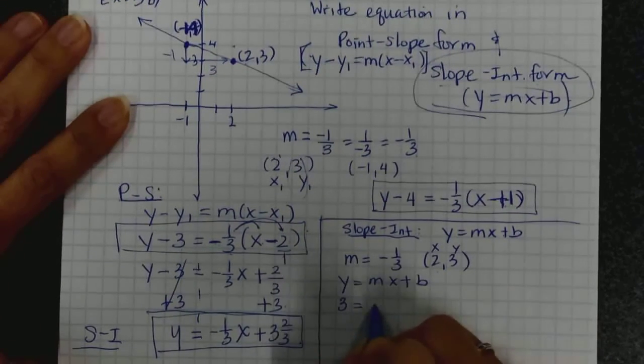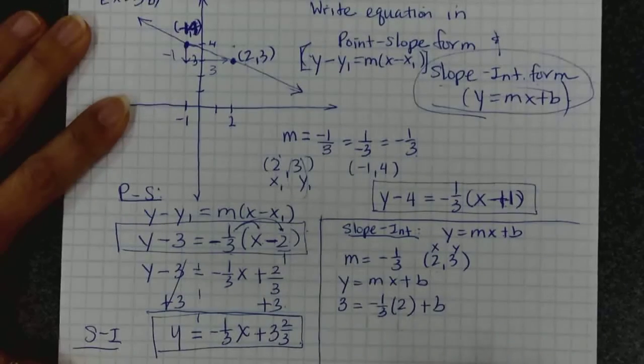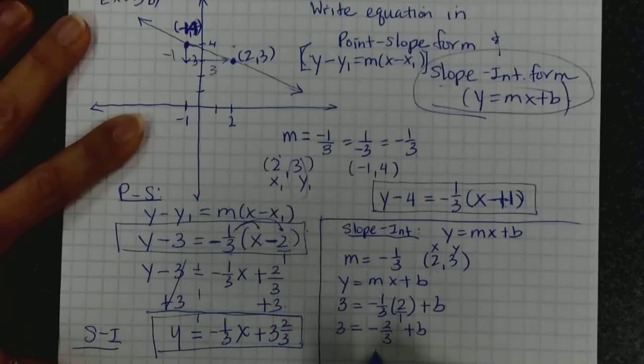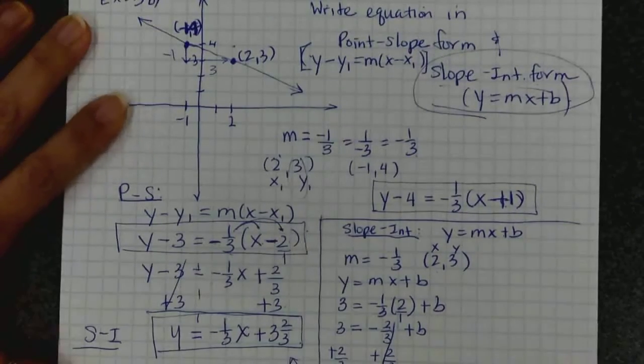When you plug it in, I get 3 equals negative 1 over 3 times 2 plus b. We multiply that out, so I get 3 is equal to negative 2 over 3 plus b. To get b by itself, we add 2/3 to both sides. So b equals 3 2/3, and that's what we got right here.